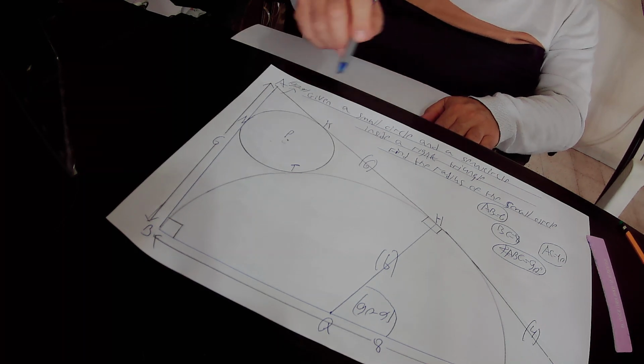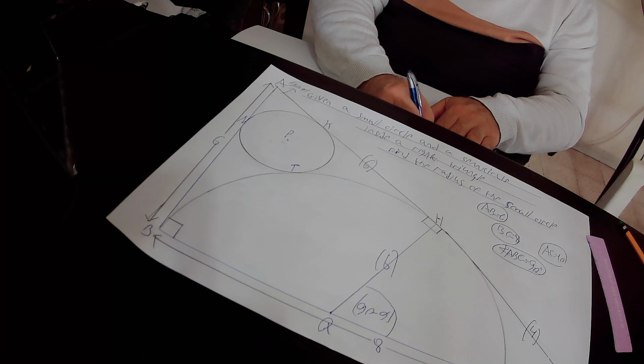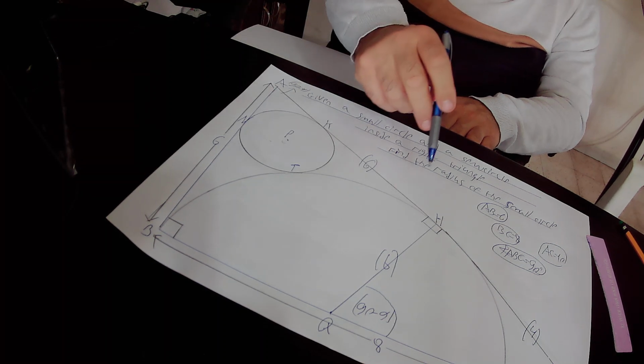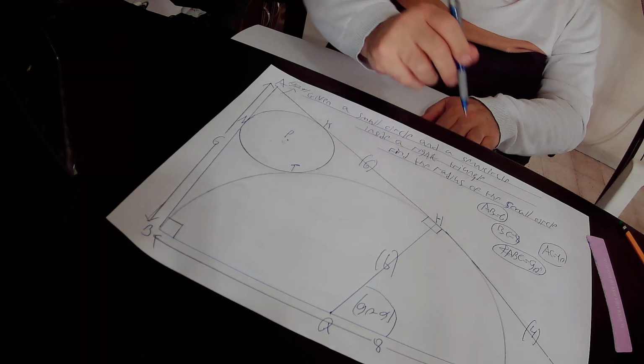The right big triangle ABC is similar to this right small triangle HCQ.